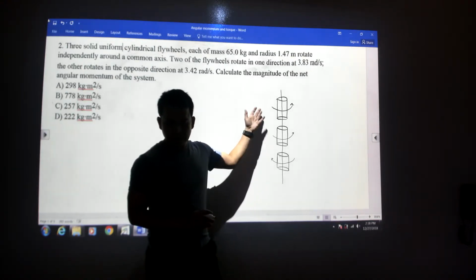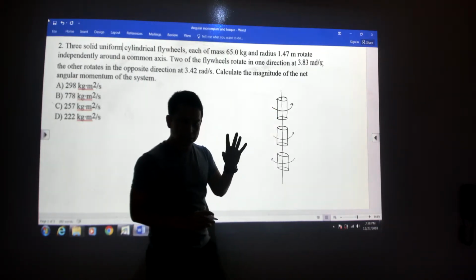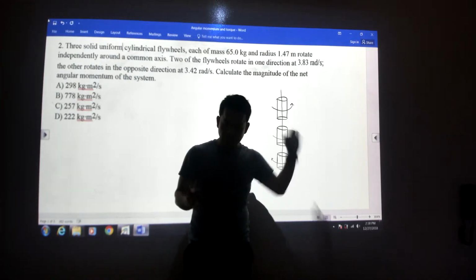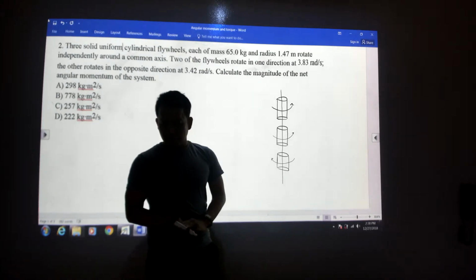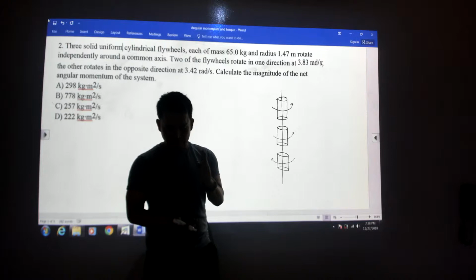So the moment of inertia of each cylinder, and these three cylinders rotate independently. They're not connected together, but they're about the same common axis. So let's find out the moment of inertia of each cylinder.